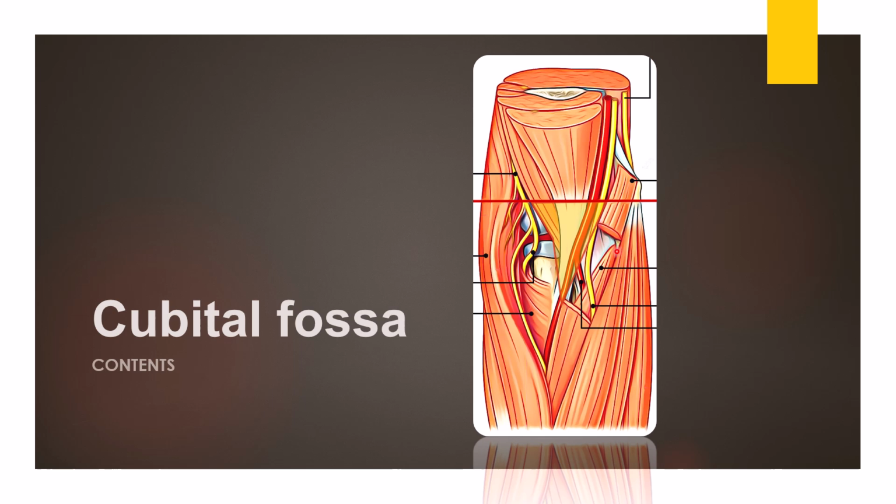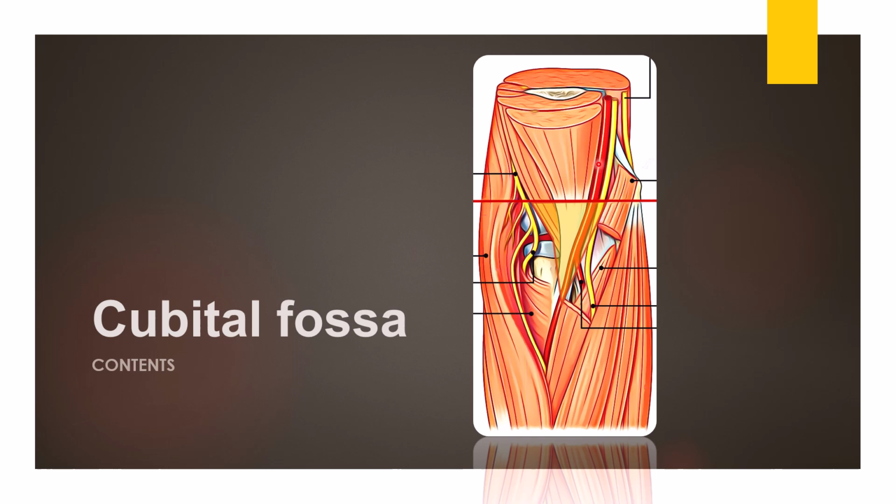So the structures related from medial to lateral are median nerve, brachial artery, tendon of biceps, and superficial branch of radial nerve. The median nerve comes out of the cubital fossa by piercing the pronator teres. Then it divides into a superficial and a deep branch.